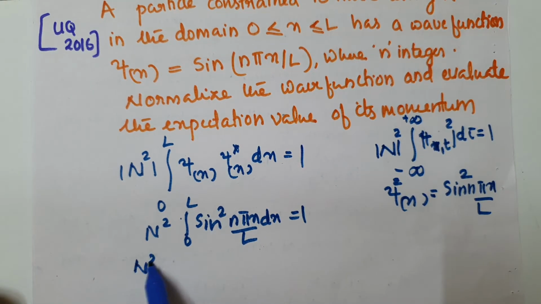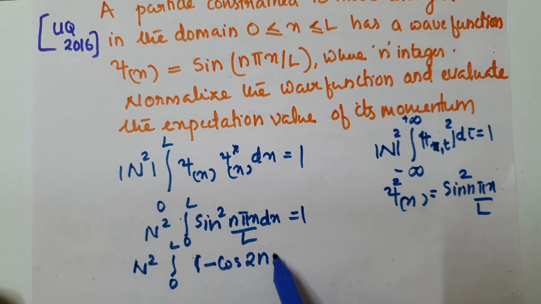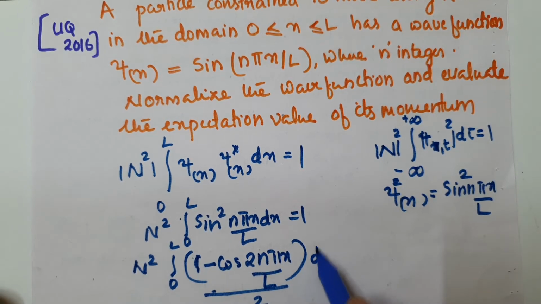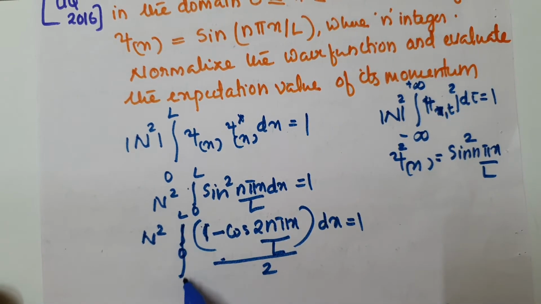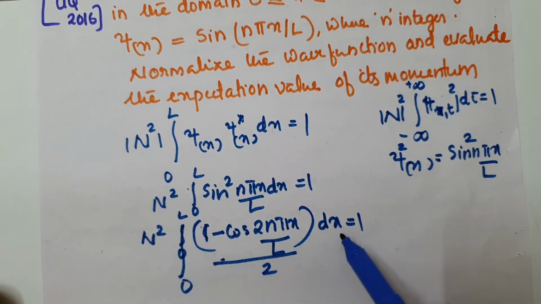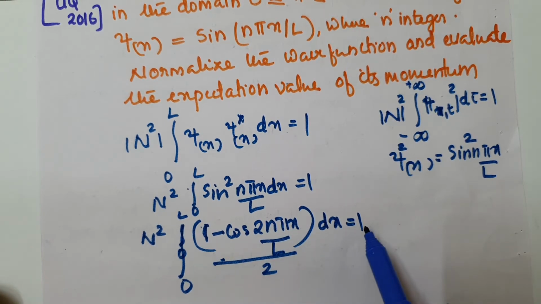That is N squared into integral 0 to L of (1 minus cos 2 n pi x by L) whole divided by 2 into dx equal to 1. So this integral can be divided into two terms, integral of 1 by 2 dx minus integral of cos(2 n pi x by L) by 2 dx.